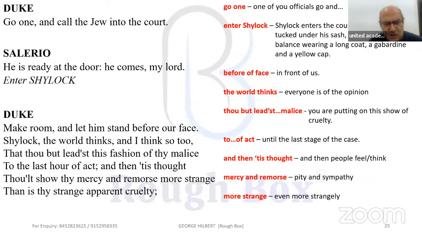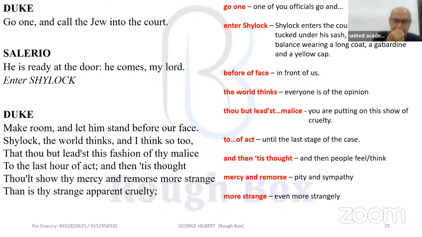And then the Duke talks to Shylock and says, Shylock, the world thinks, and I think so too, that thou but leadest this fashion of thy malice to the last hour of thy act. Okay. Shylock, the world is of the opinion. That means everybody in the court is of the opinion. And I am also of the same opinion that you are just putting on this show of cruelty, of terror, right until the last stage of the case.